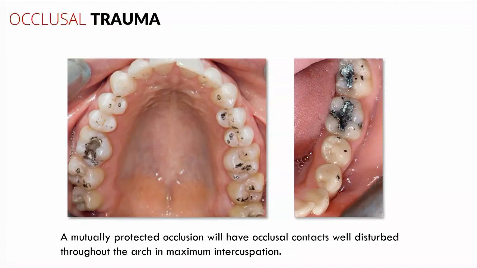You get these marks with biting paper. If you've been in a dental office, you'll see dentists check the bite by putting a piece of paper between the teeth and having the patient close together, and the points of contact get transferred from that paper onto the teeth.